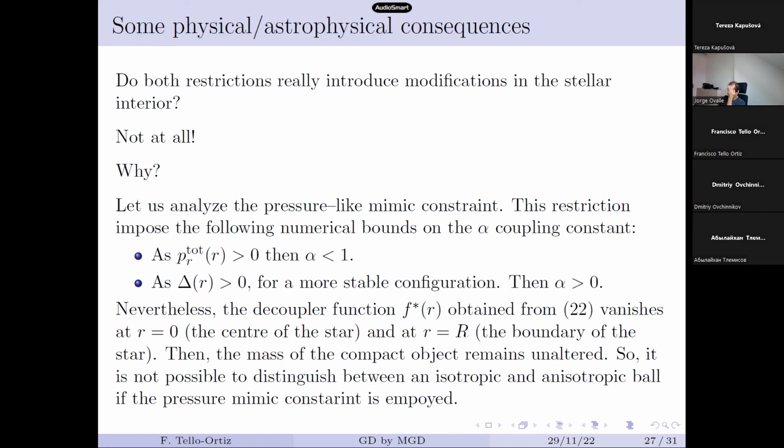is a perfect fluid or an anisotropic one. Let me check it. I know we cannot go inside the star and take a sample. We cannot do that, but we can do direct or indirect measurement.